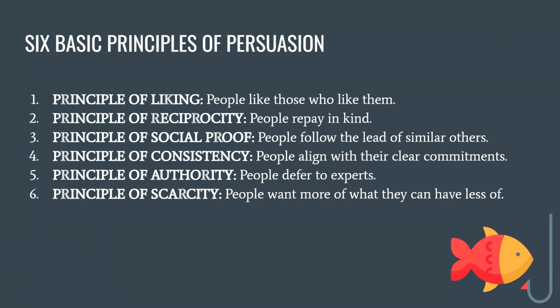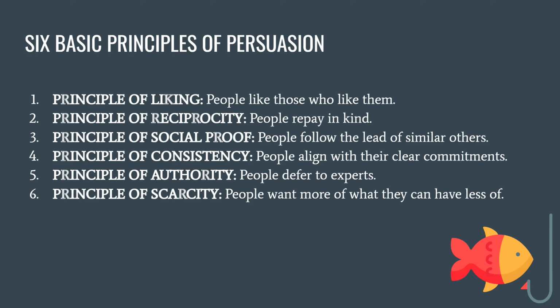So there's the principle of liking: people like those who like them. Principle of reciprocity: people repay in kind. Principle of social proof: people follow the lead of similar others. So if they think that you are like them, they are more likely to follow your lead.